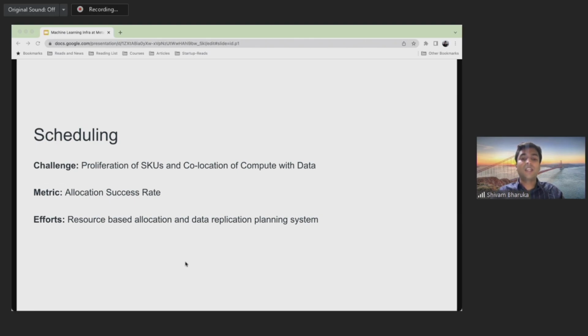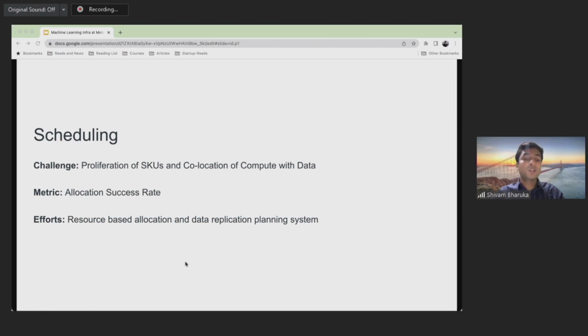Instead of allocating at a machine level or a machine type level, we let users specify how much memory, how much CPU, and different resource-based constraints that they need for a particular job. And then we find the right type of machine in our data center, which is even underutilized, to schedule that job itself. This helps us keep the utilization of machines across multiple generations high.